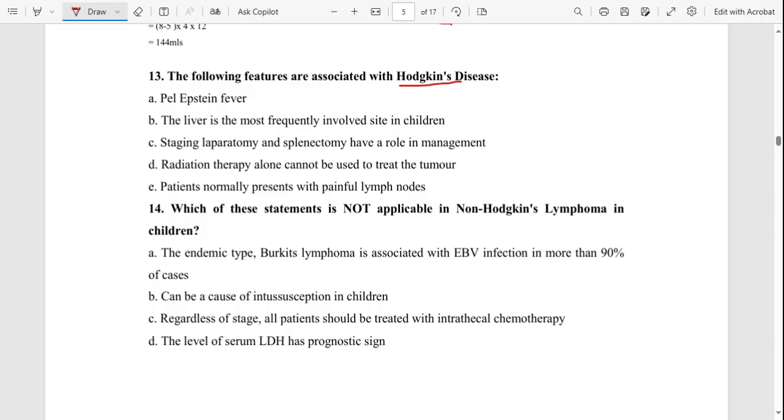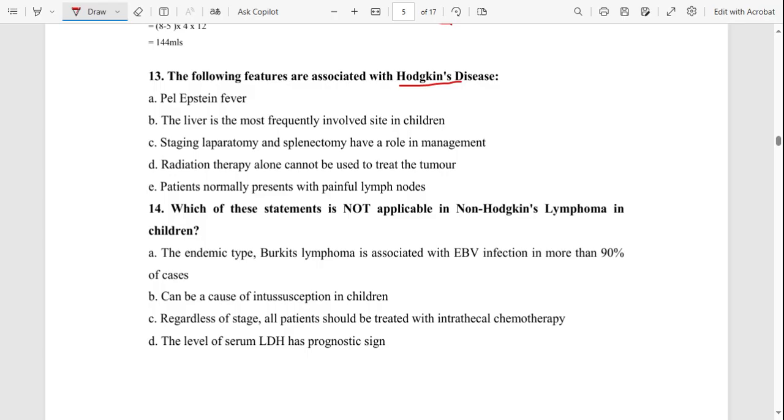Anyone that can help? We want a feature associated with Hodgkin's disease. Anyone? All right.